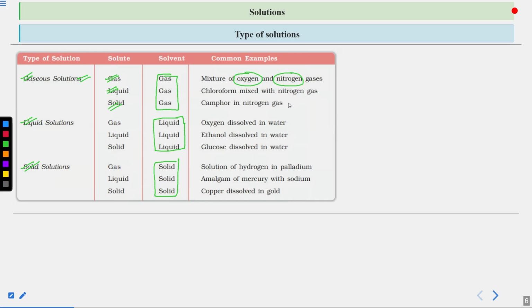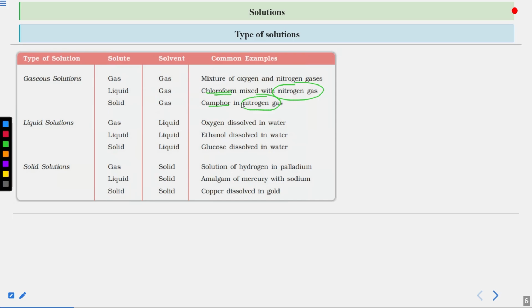Then coming on to the next type of solution, which is liquid in gas, where liquid is the solute and gas is the solvent. In this type, we have chloroform mixed in nitrogen gas. Moving on to the last gaseous solution, which is a very common example: if you are dissolving a solid in a gas, which is camphor in nitrogen gas, we say that your solution is solid in gas.